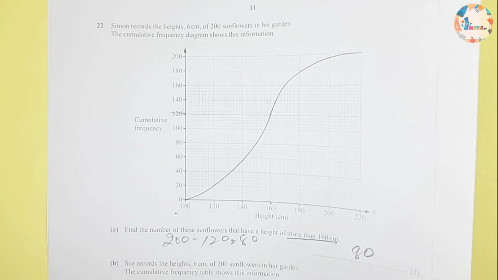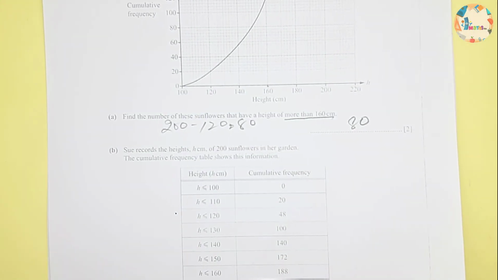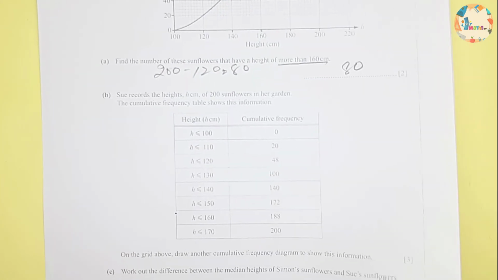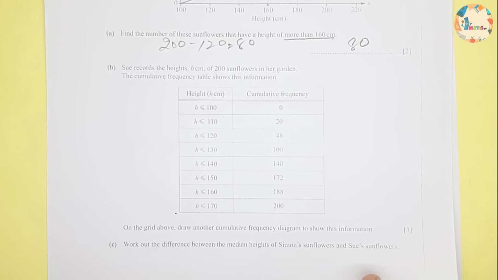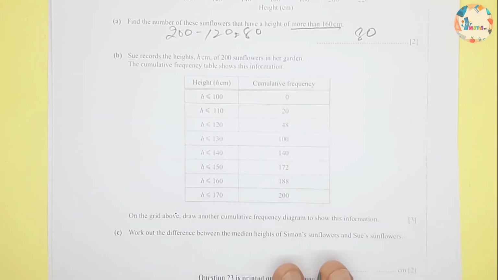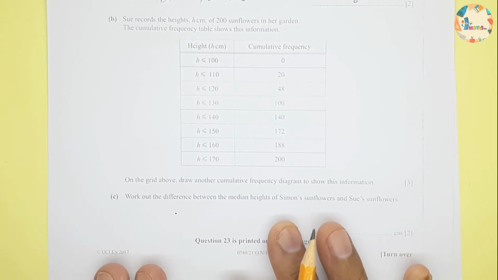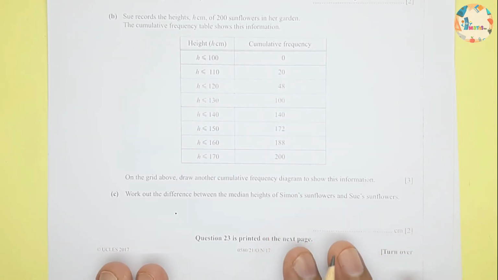And next, B part. Sue records the heights h centimeters of 200 sunflowers in her garden. The cumulative frequency table shows this information, and this is the cumulative frequency table. On the grid above, draw another cumulative frequency diagram to show this information.